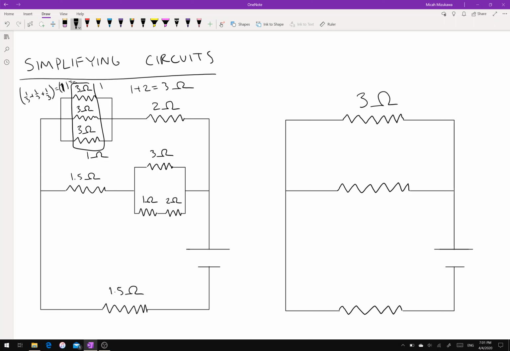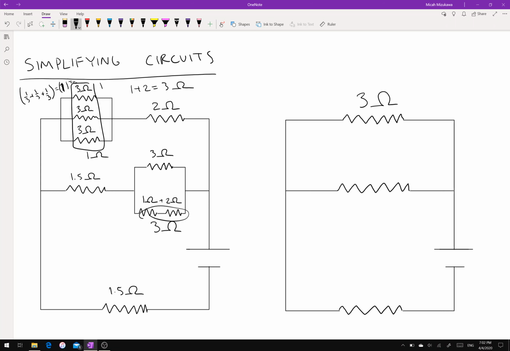So now we're going to go through a second path and go through that middle line. So as we go through that, we have 2 options. We can go through the top and go through a resistor of 3 ohms, or you can go through the bottom side and go through 2 resistors. Since we have to go through 2 resistors, we're going to add those together because those are in series. And so 1 plus 2 ohms, so that's going to be 3 ohms.